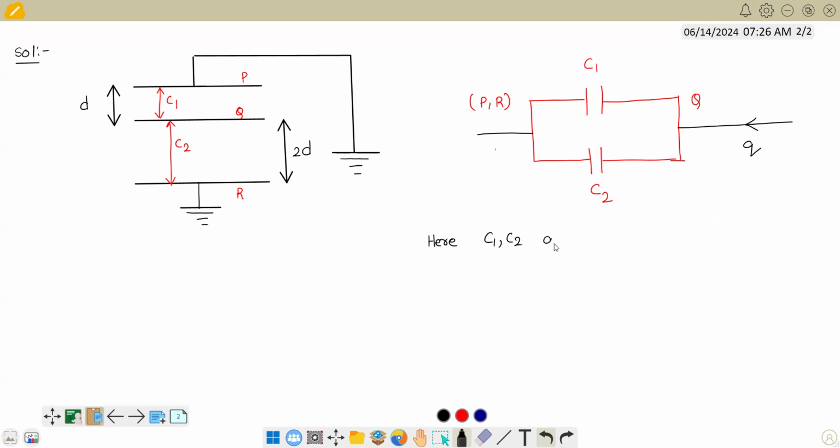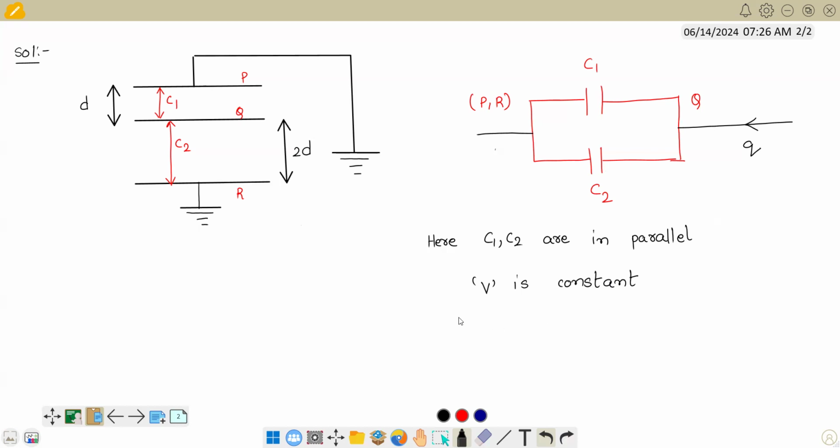C1 comma C2 are in parallel. Now you are supplying a charge Q to this side of the system. Here C1, C2 are in parallel. Since they are parallel, we can write V is constant.